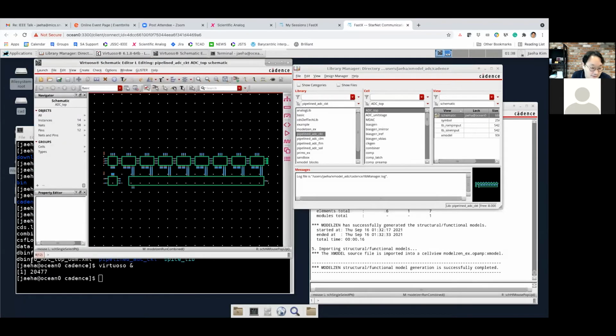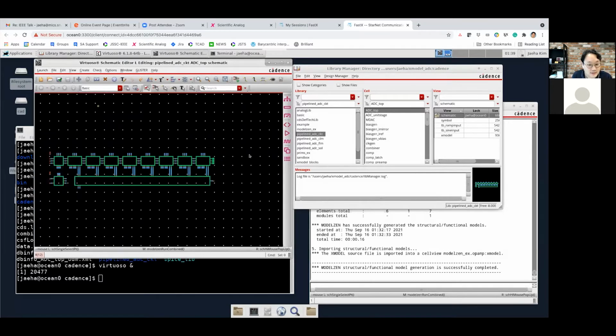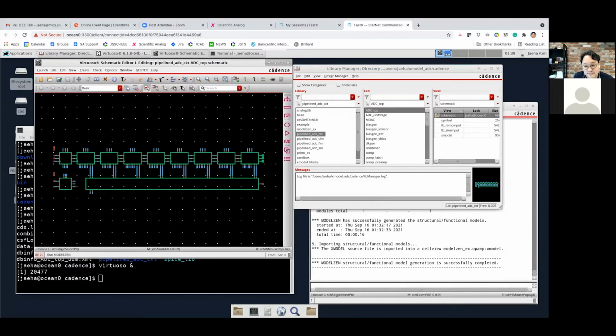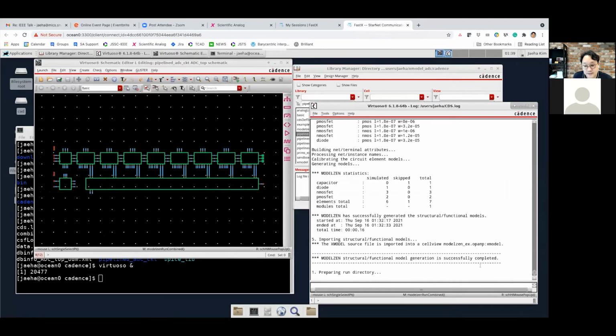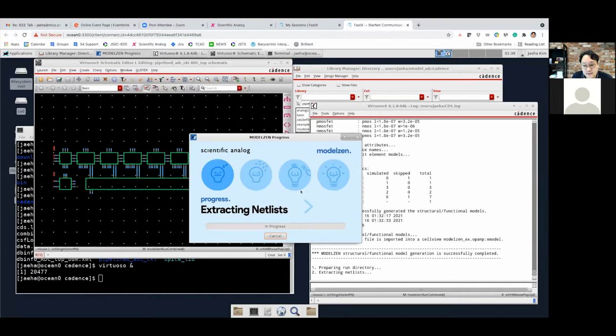This is the schematic that I just showed on the slide. And generating a model from this is just pressing this button. Extracting netlist.